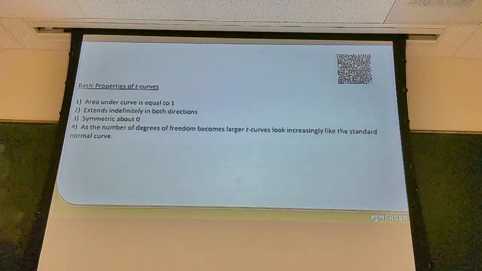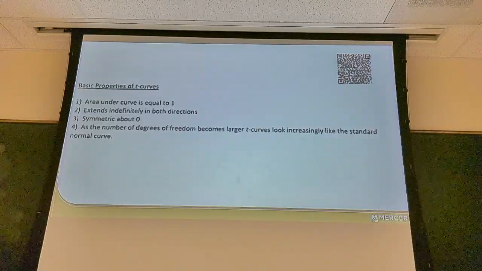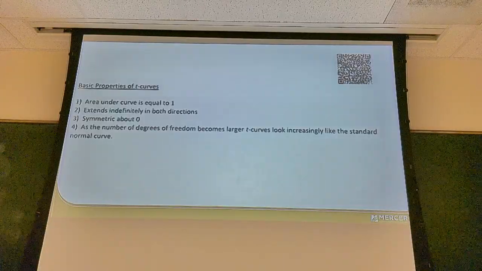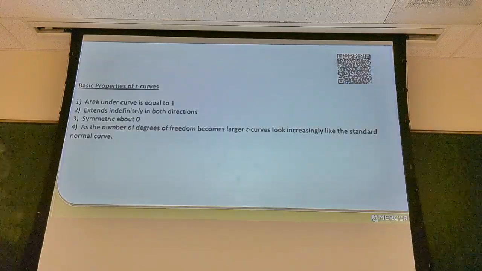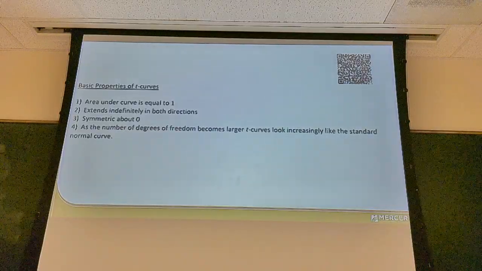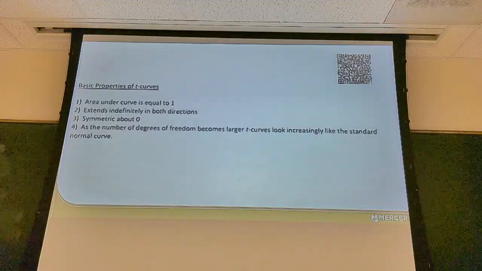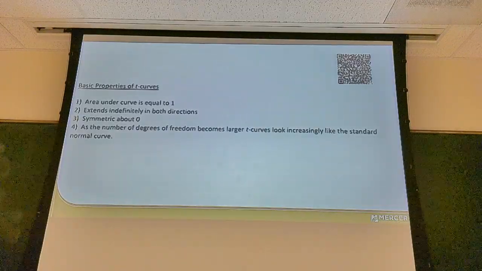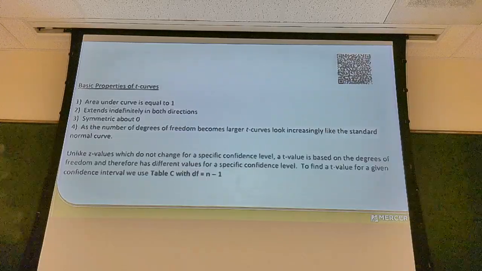Right, so Z values were constant, weren't they? I asked you for the Z value associated with a specific area. There's only one. That is not the case with T values. The T values change based on sample size. Right? They change based on the degree of freedom.